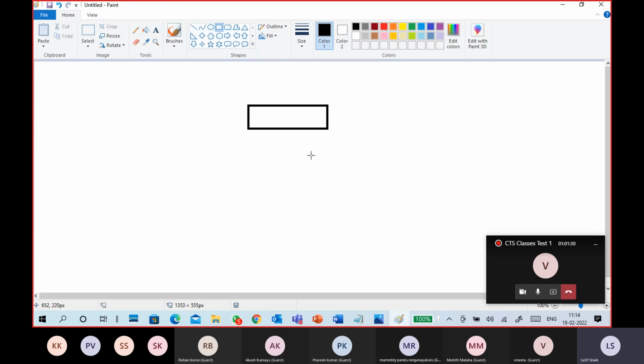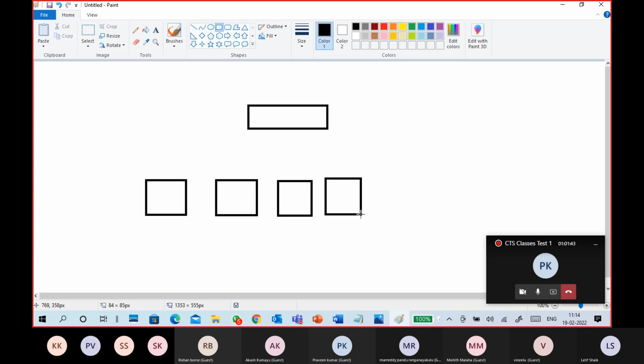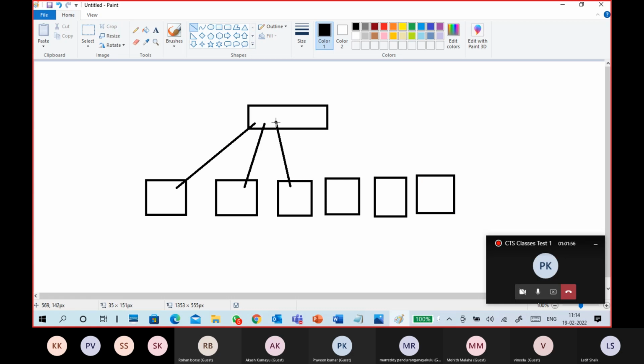So guys, this is a simple switch. Look here: this is a simple LAN.